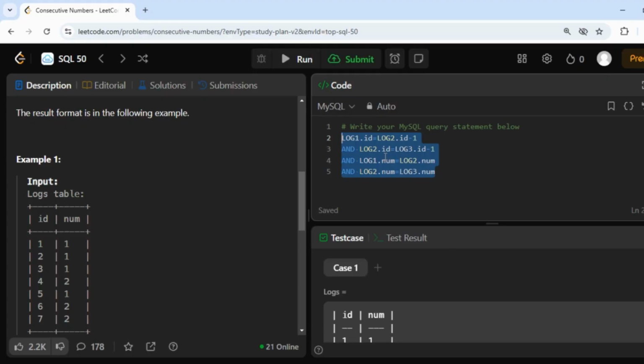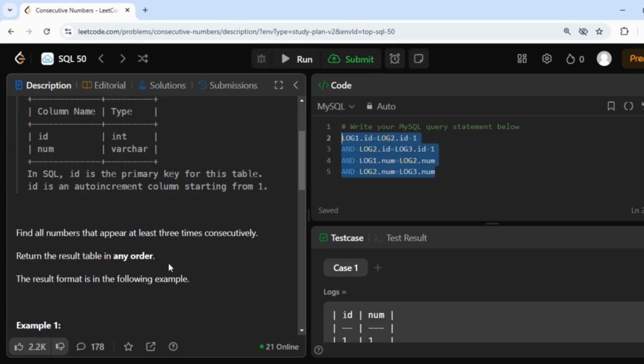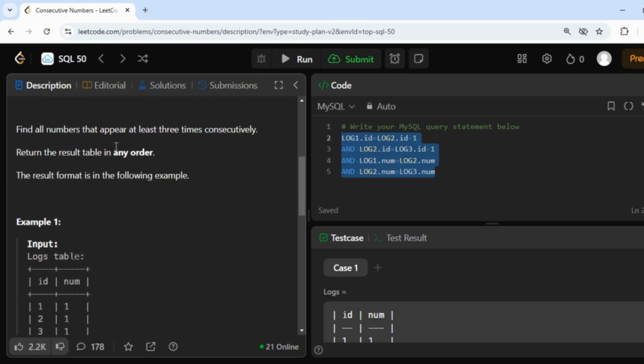We are creating three tables of similar kind and distributing the IDs across the rows, because the question says to find the numbers that appear at least three times. If it said at least four, then I would go for another table and check the four IDs across four tables.